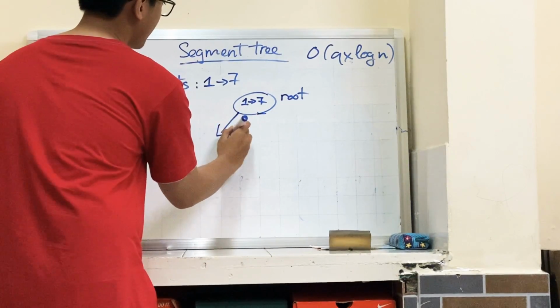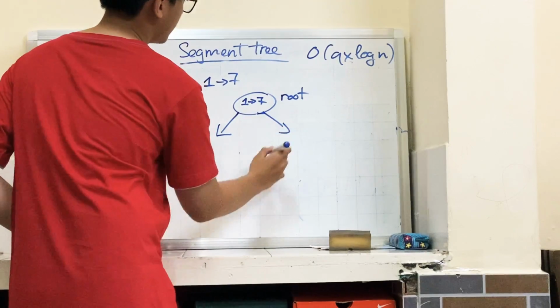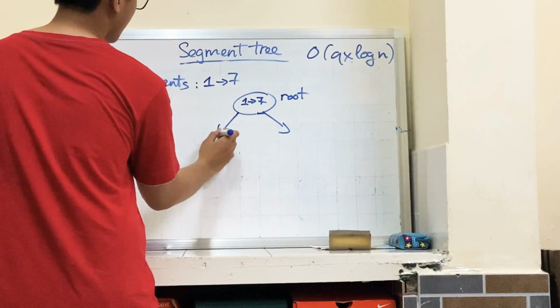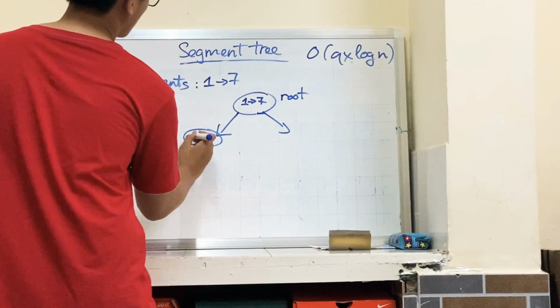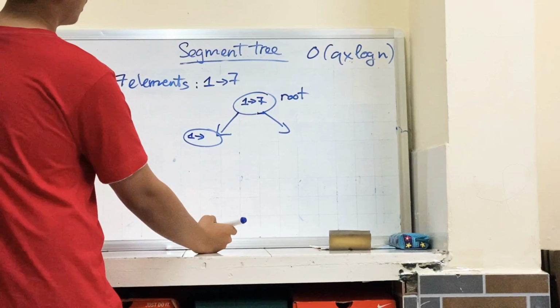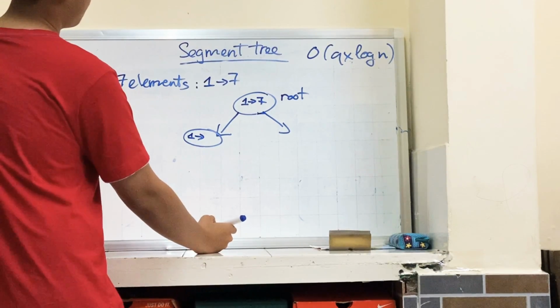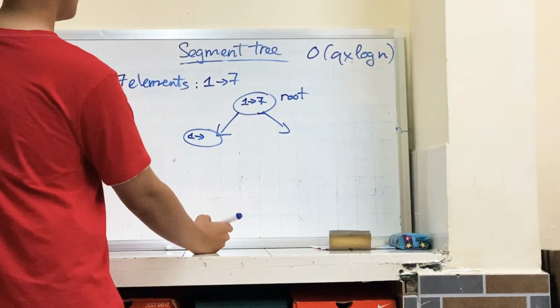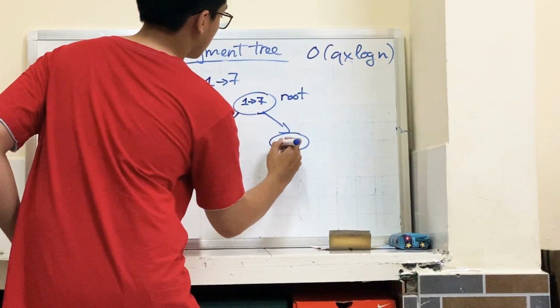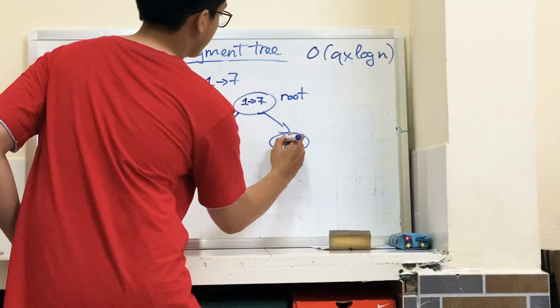It has two children. On the left side, it will hold the value of 1 to 4, and the right side will be 5 to 7.